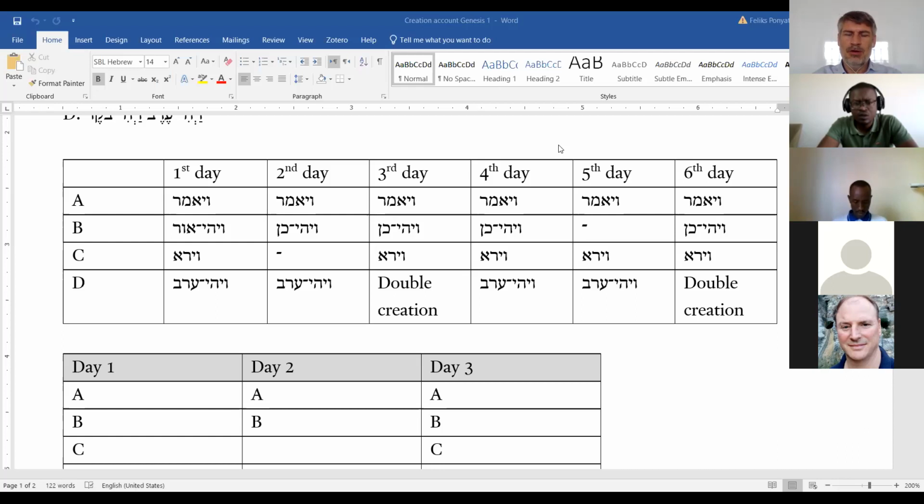Yes, so the ultimate purpose of creation is to make the earth a house for humankind, for mankind. So people should live on earth. So in this case, we can assume that we do not have the phrase "and God saw that it was good" on the second day, because on the second day, nothing was created that can profit man.